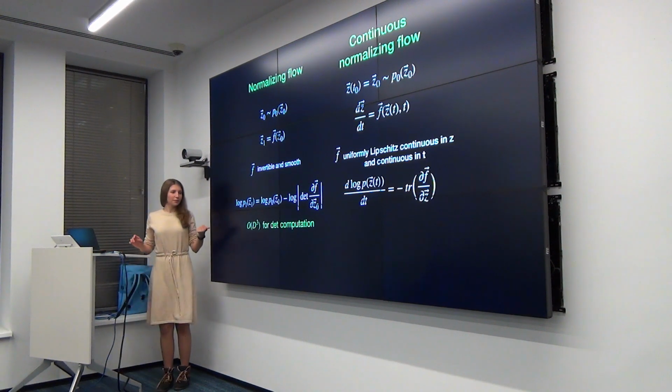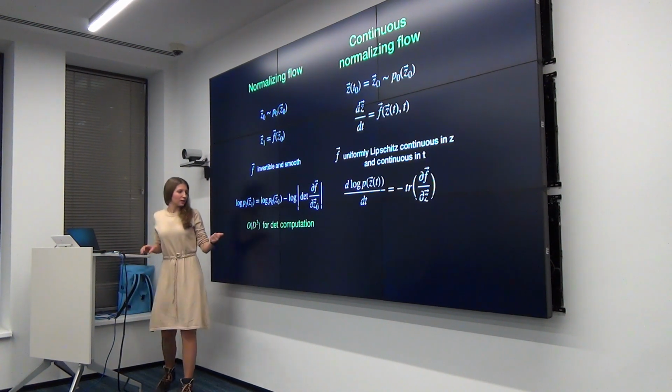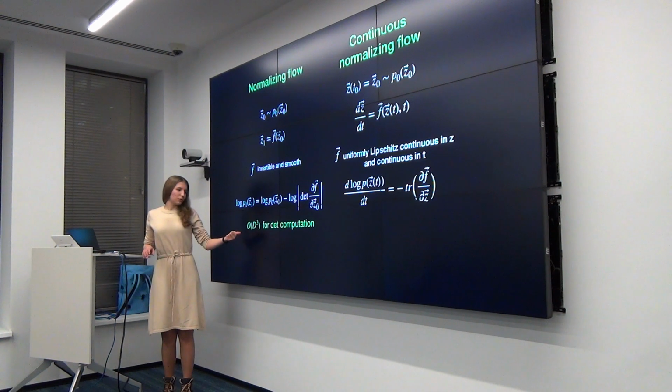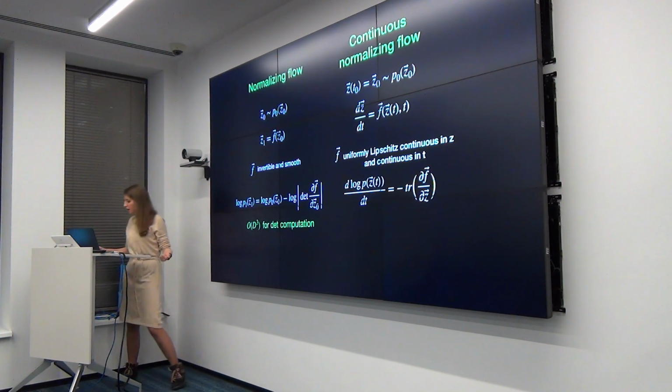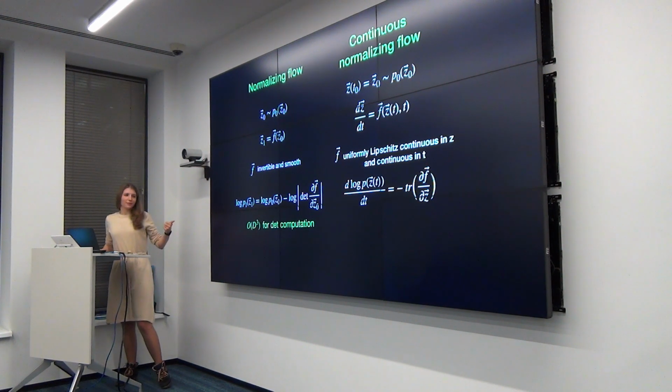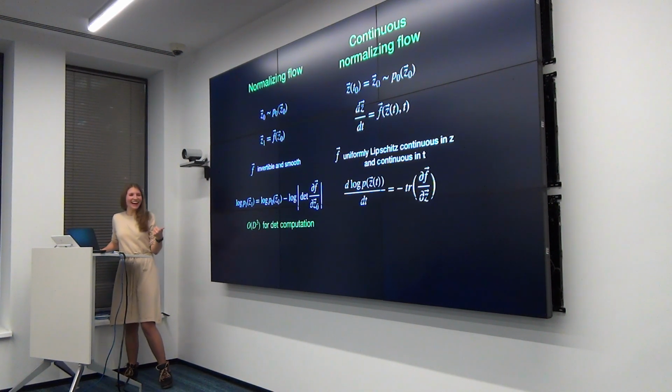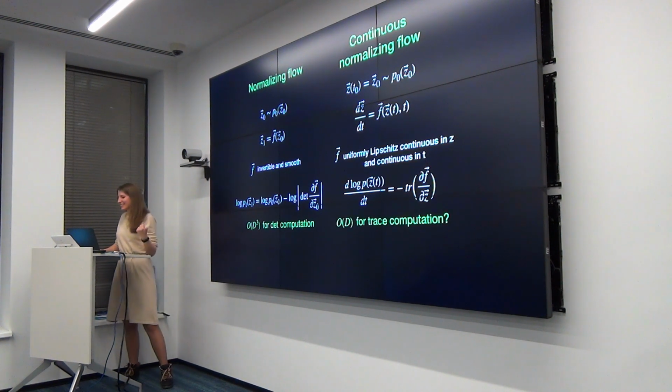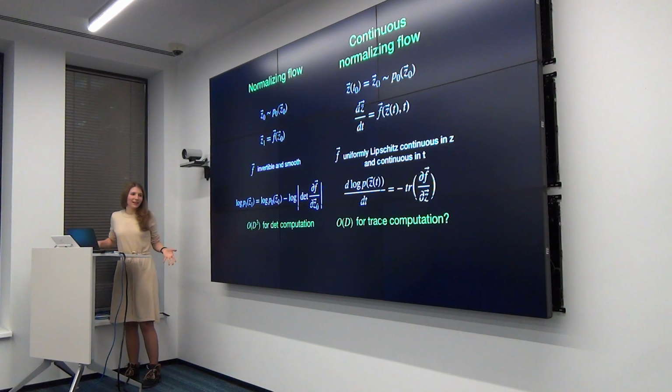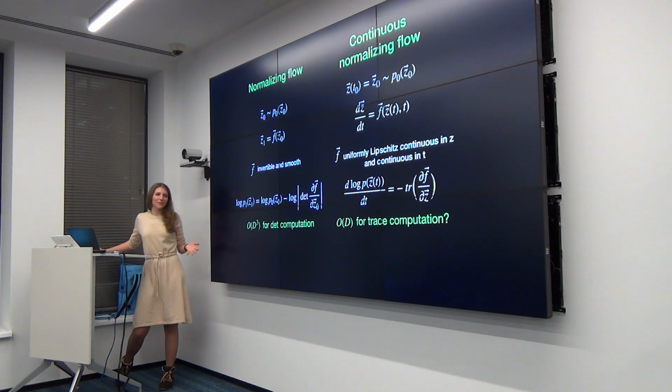And here we said that we need cubic cost for computing the determinant, and how much do we need to compute the trace? How do you think? Linear. Yes, at first glance it seems to be linear, but let's look at it more carefully.